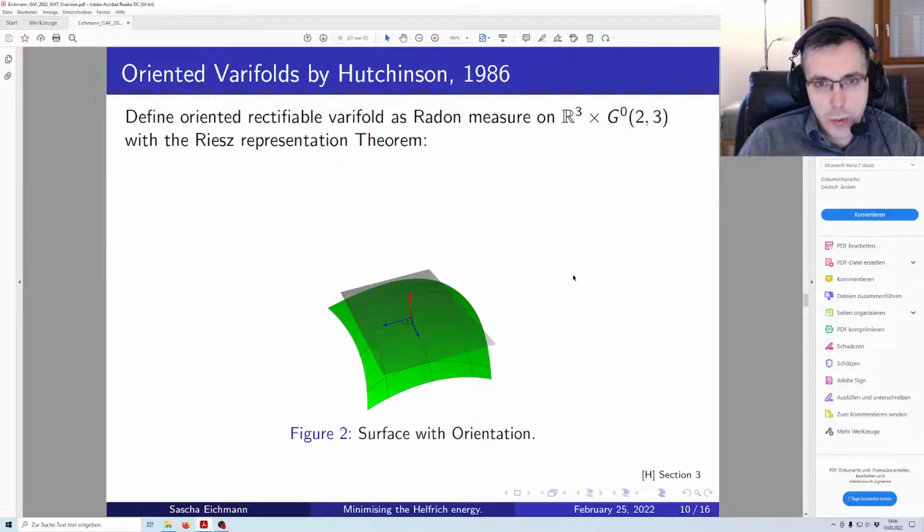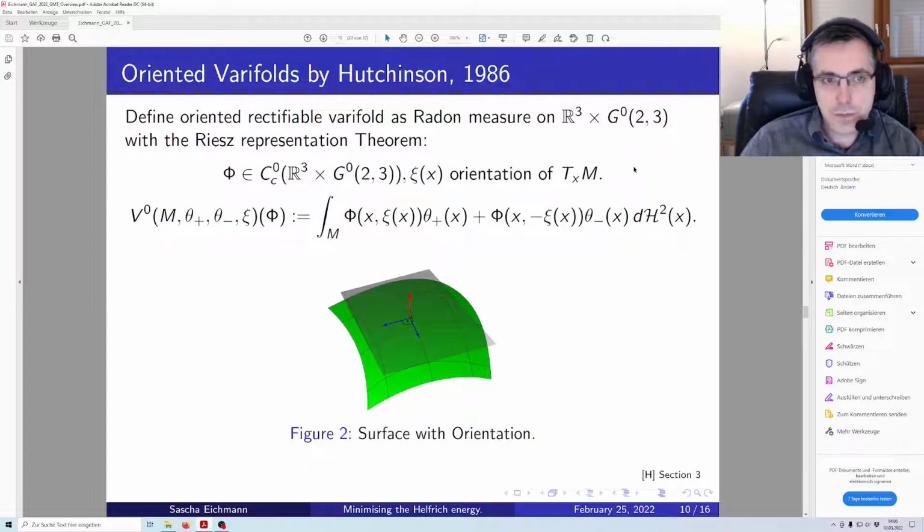And now how can we proceed? Now we have oriented varifolds. Now how do we want to define what an oriented varifold is? And we're doing this essentially as we've done it above. So we take the Riesz representation theorem and use this as a method to define a varifold or a Radon measure on R^3 times our oriented Grassmannian.